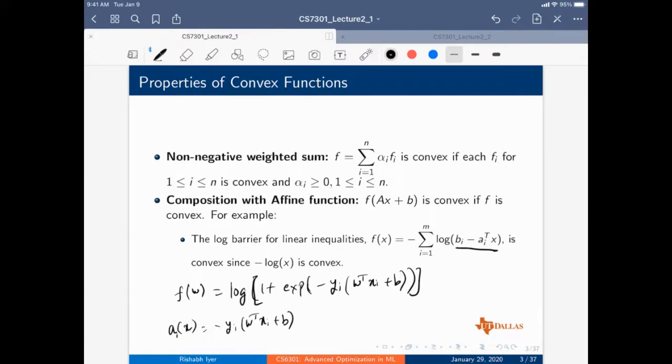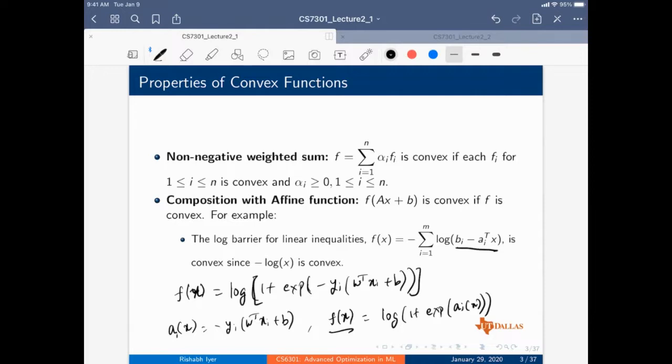And then you can define f of x to be log of 1 plus exp raised to a_i of x. And we saw last time that this function is actually convex, log of 1 plus exp raised to something.